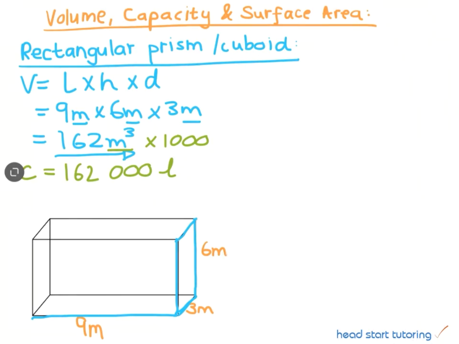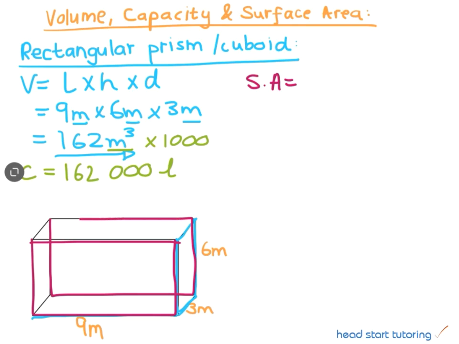Let's now have a look at our surface area. So the surface area of a rectangular prism is quite a bit more complicated than the surface area of a cube, and the reason for that is because we do not have faces that are all equal to each other. So we do have the front face, so this face over here, that face will be equal to the face at the back.